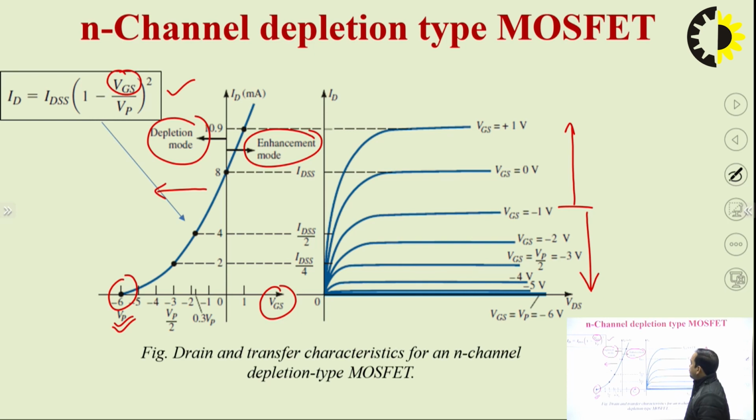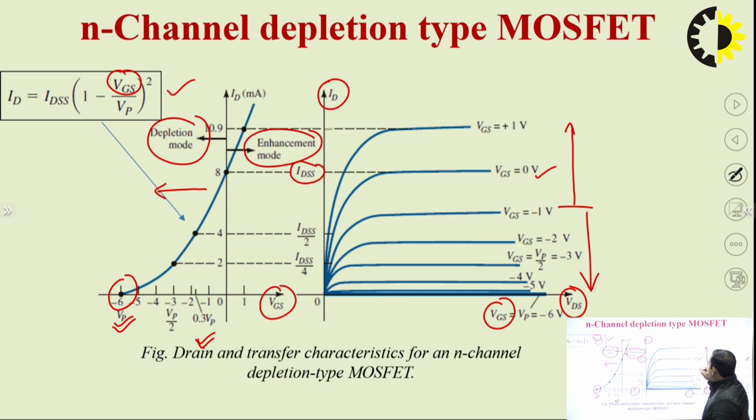Now the characteristics between ID and VDS are called drain characteristics or output characteristics. So ID versus VDS for different values of VGS. What we initially observe is that when VGS equals 0, initially the current increases, and finally it gains a saturated value, which is termed IDSS, the drain to source saturation current.